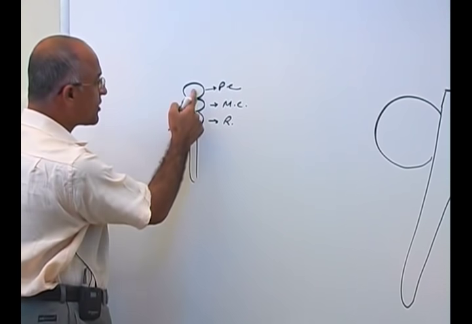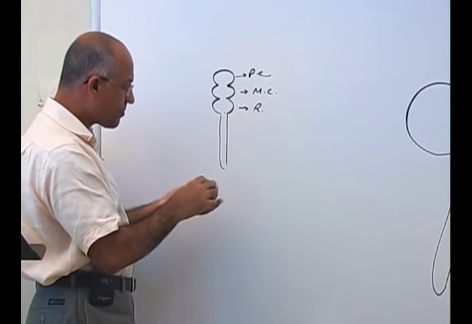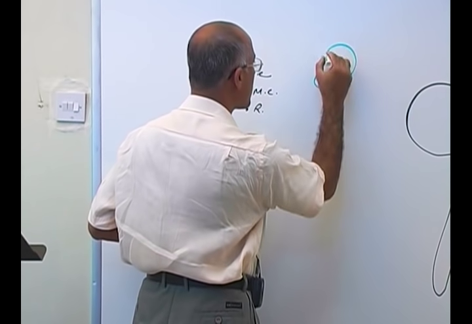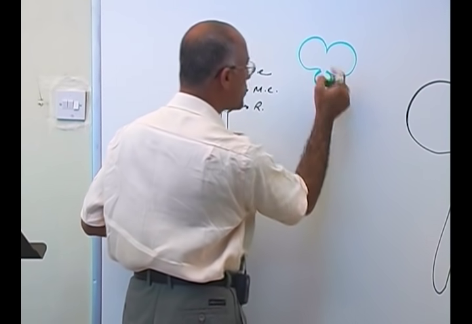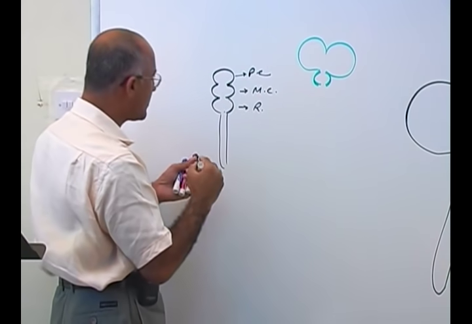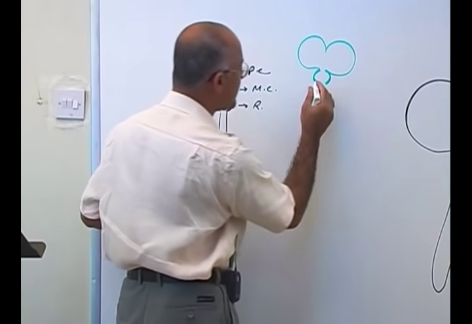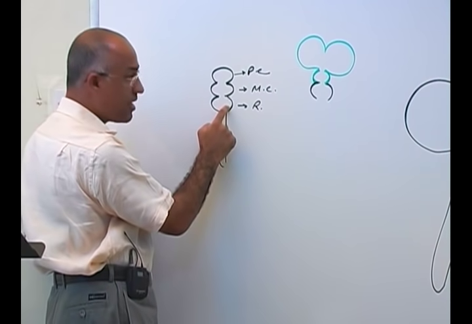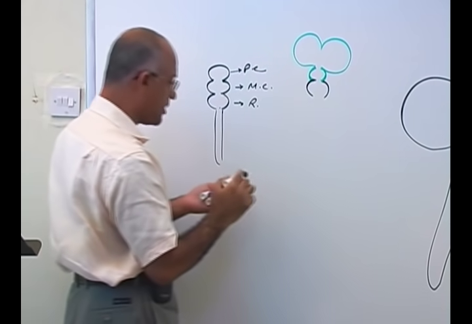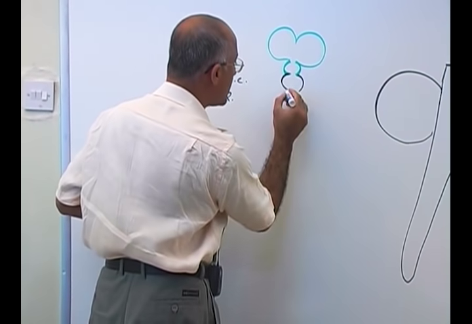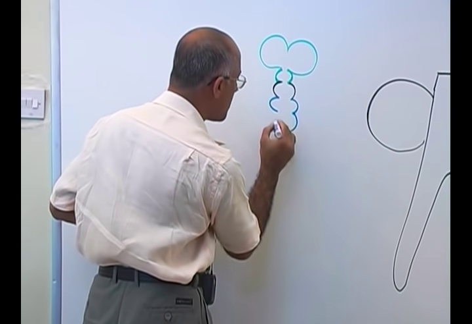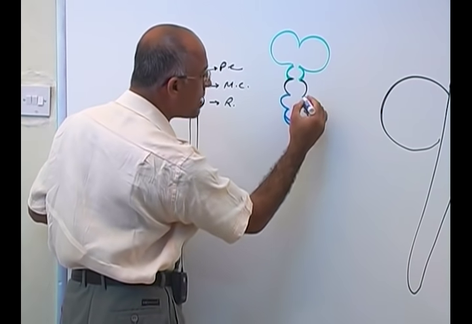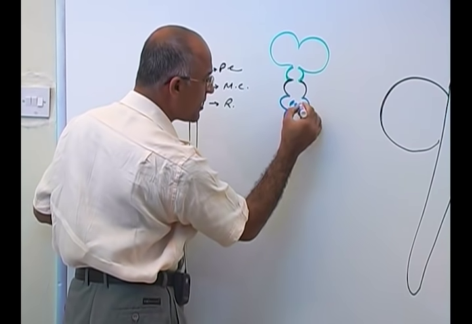Let me tell you, first there are 3 vesicles, then this will develop into 2. Prosencephalon goes into 2 secondary vesicles, and mesencephalon remains single. Rhombencephalon divides into metencephalon and myelencephalon. Now basically cerebellum develops, this is pons, right?